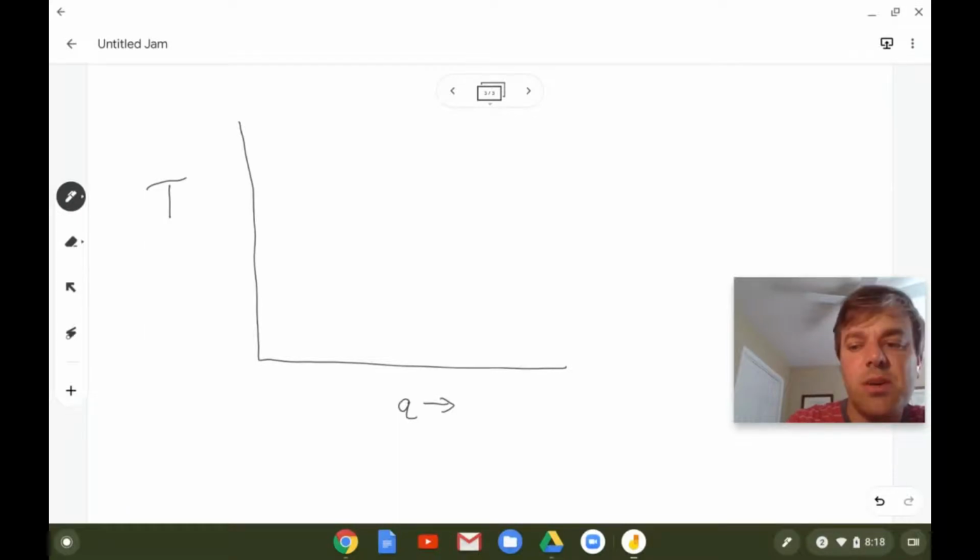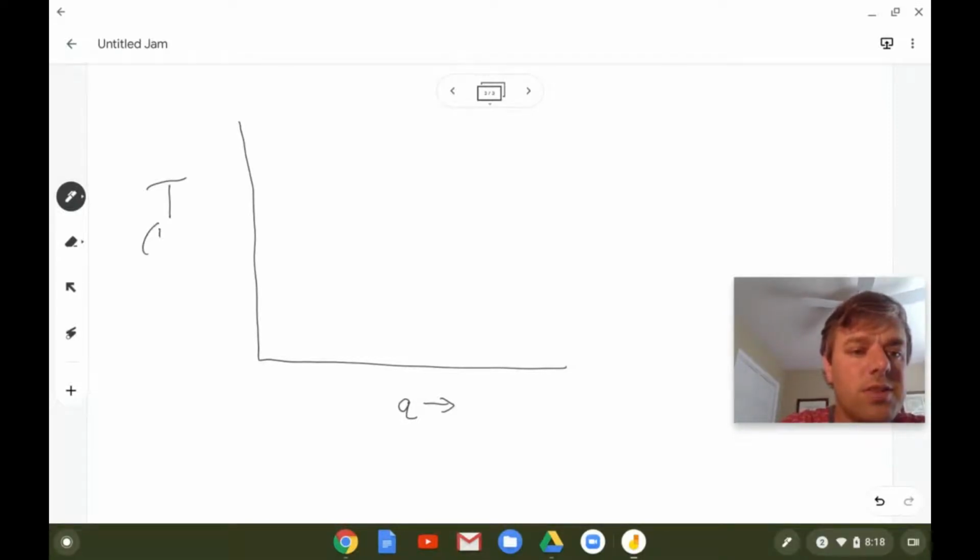Now, if we take a substance, such as water, for example, and we start at, let's say this is in kelvins, we start at 0. At absolute 0, there's no heat.